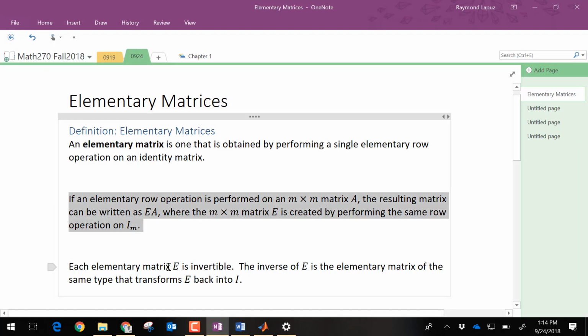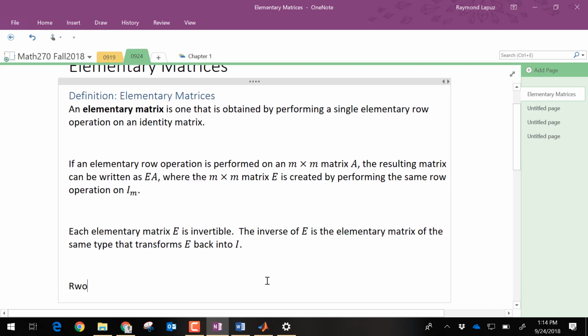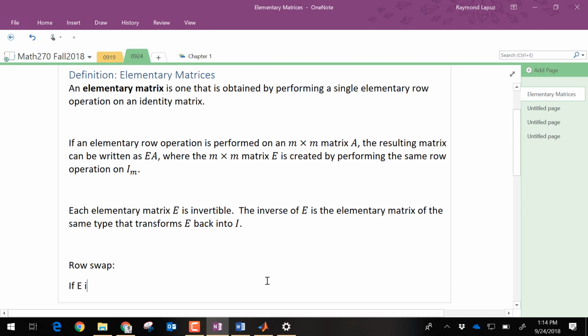Yeah. The identity for right now. Yeah. So if E is an elementary matrix that does a row swap, then its inverse is itself.